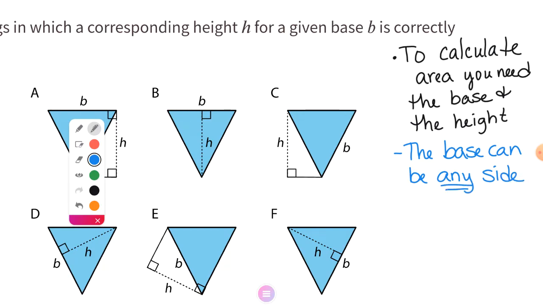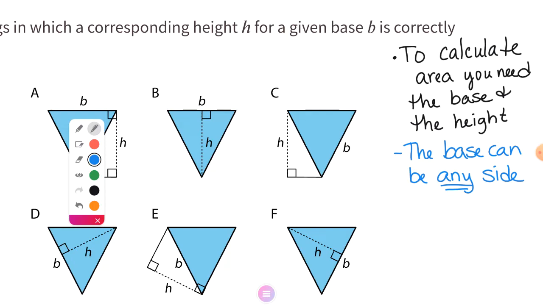It doesn't have to be a particular side. We could call any side the base. We would just have to find the height that goes with that base, and we're going to practice that today. The base can be any side.